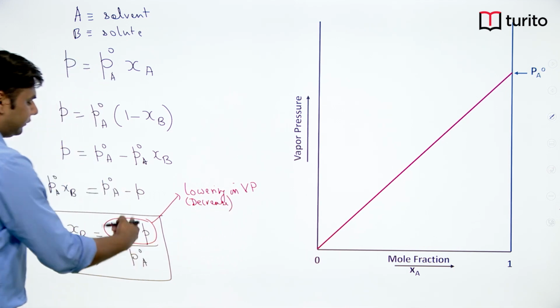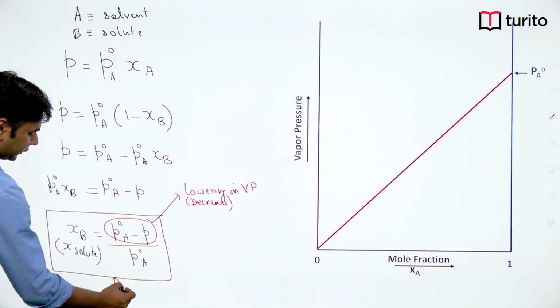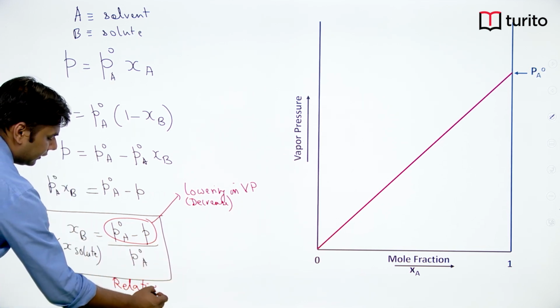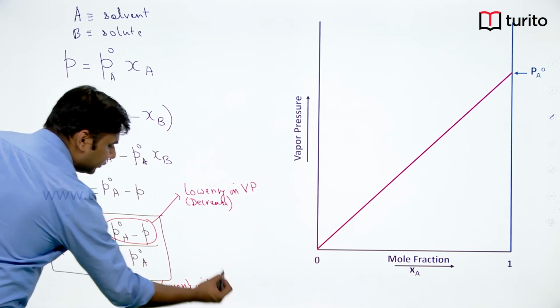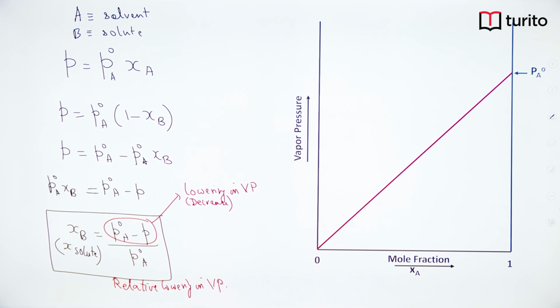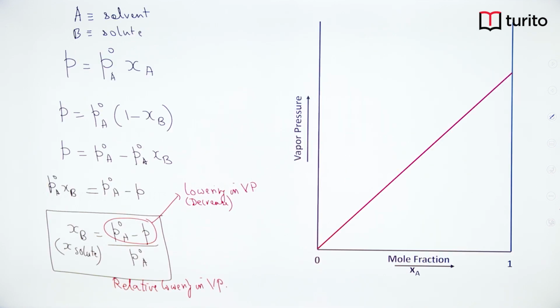Now when we divide this by P naught, it becomes relative lowering in vapor pressure. Hope this concept and Raoult's law are clear to everyone now. So just write it down quickly: relative lowering in vapor pressure is always equal to the mole fraction of solute.